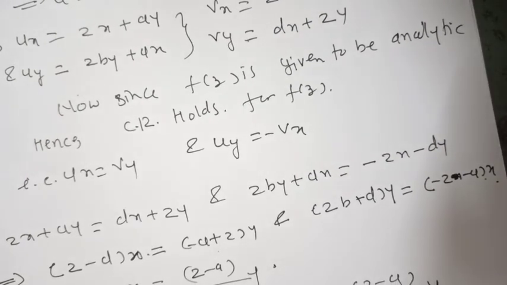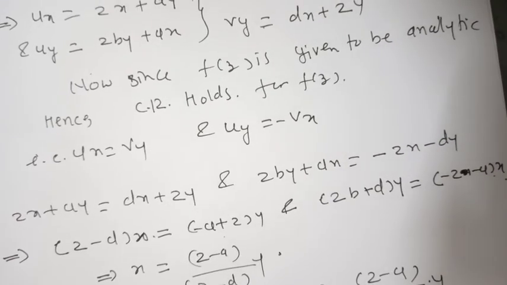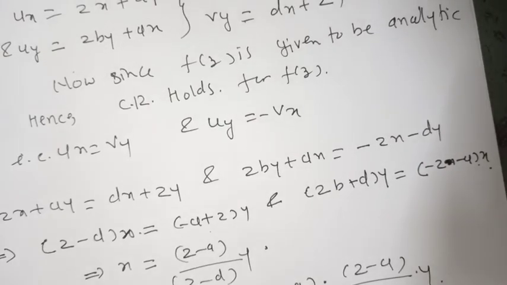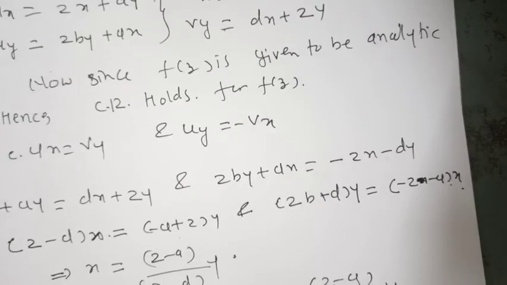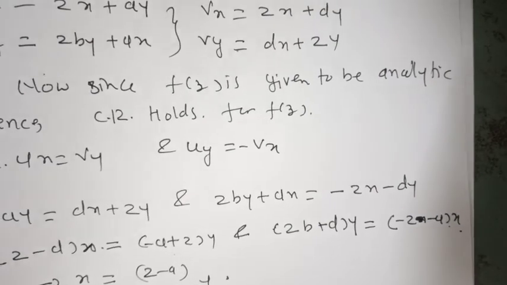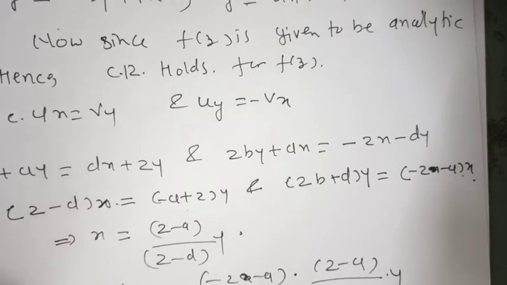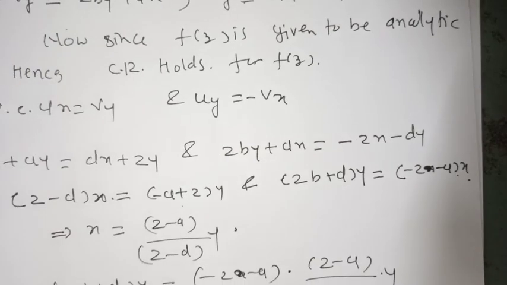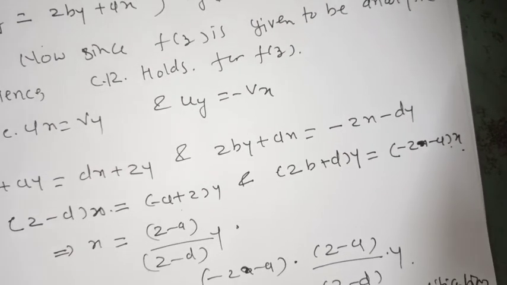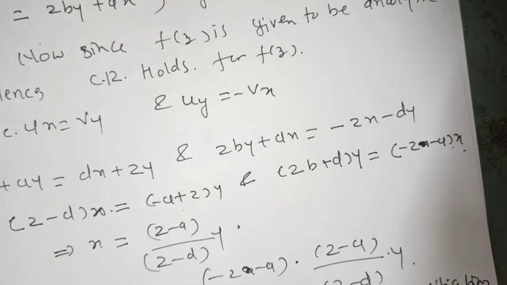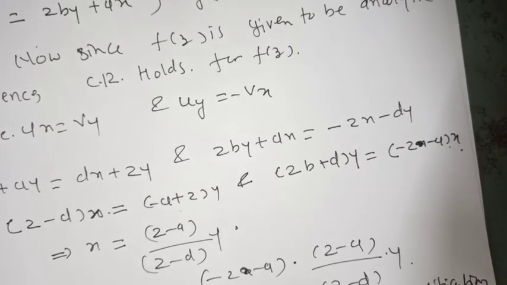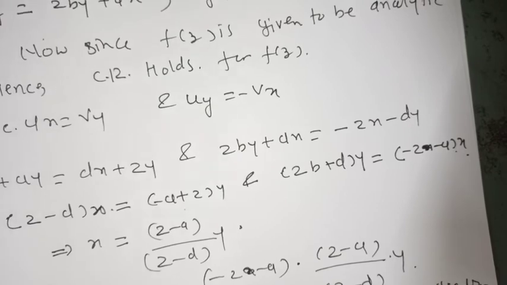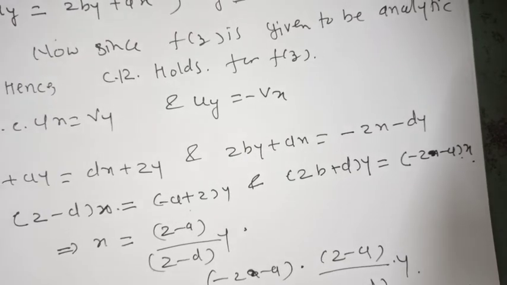Thus, the CR equation is the necessary condition, but it is not the sufficient condition for the function to be analytic. Most of the examples are solved for analytic functions as CR equations hold, that is ux equals vy and uy equals minus of vx.